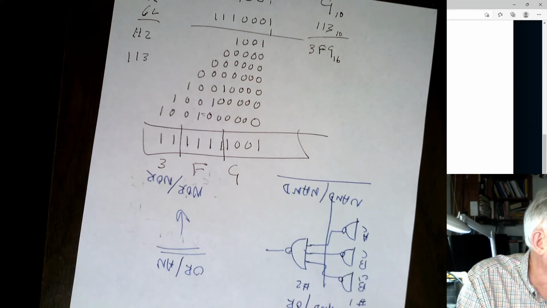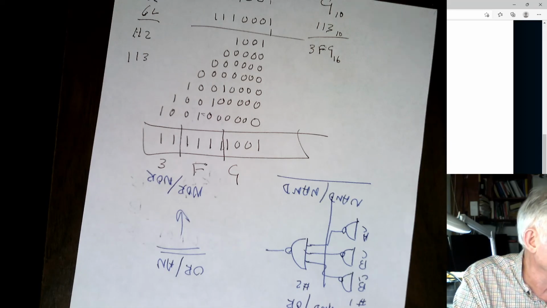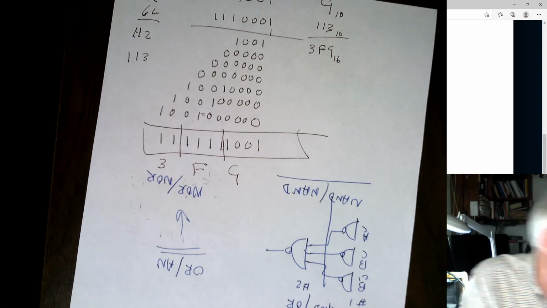If we shift once, it's divided by 2. Shift twice, it's divided by 4. Shift 3 times, it's divided by 8. So we only have to shift 1, 2, 3. So the answer should be 1001.